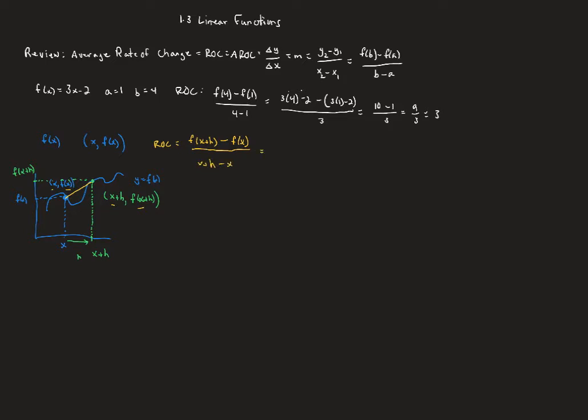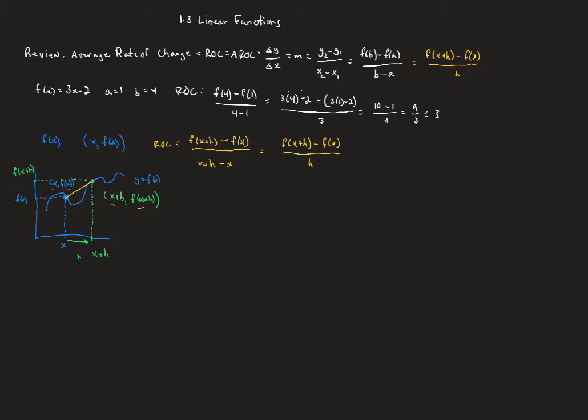And if you let those x's cancel each other out, we get f of x plus h minus f of x all over h. Crazy. My claim is that this is just a very crazy, maybe complicated function notation, but it is another representation for this average rate of change.